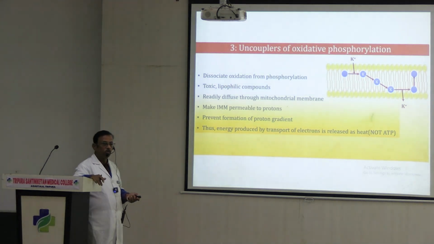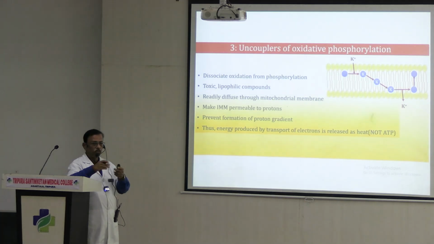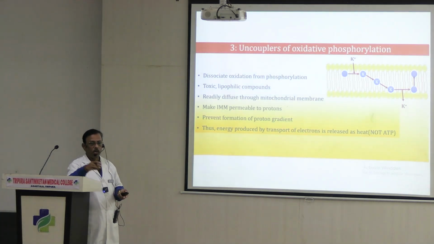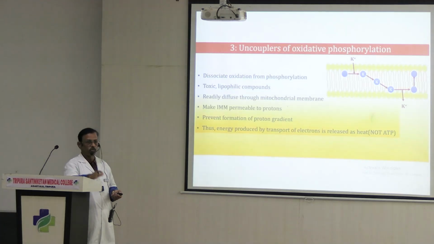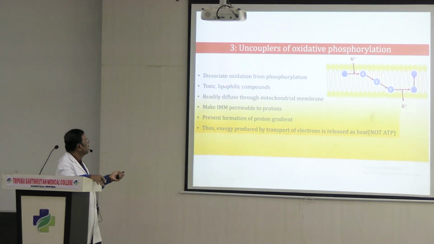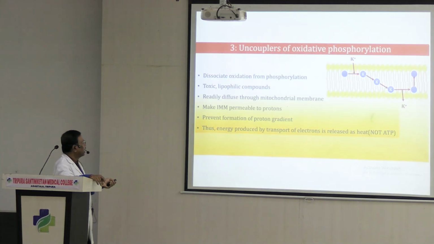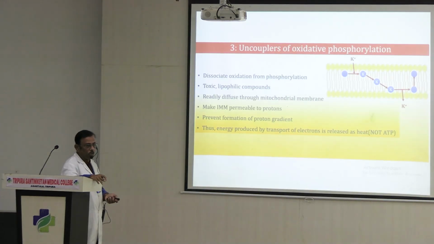So uncouplers, what they do? They dissociate oxidation from phosphorylation. These are toxic and lipophilic compounds. They have to be lipophilic because they bind in the inner mitochondrial membrane.